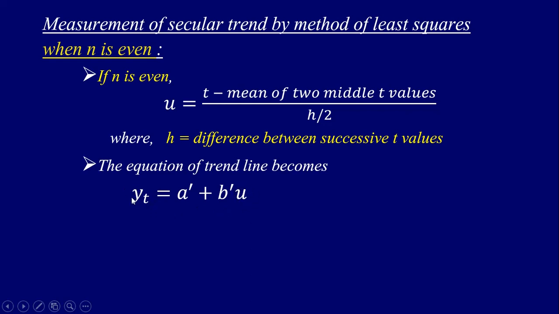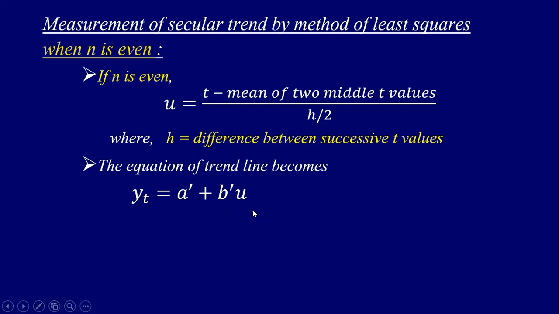And the other variable yt: if production is given, we denote it by y; if sales is given, we denote it by y; if index is given, we denote it by y. So u is for time and yt is for the other value. These two things are given in the example.